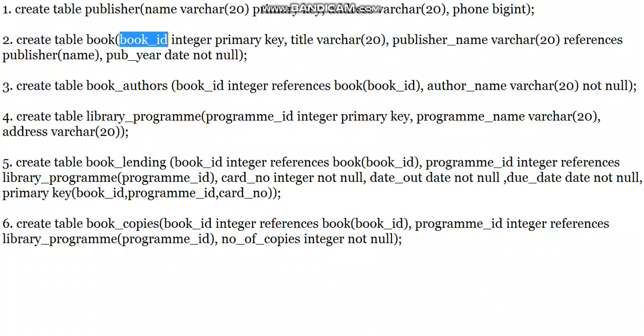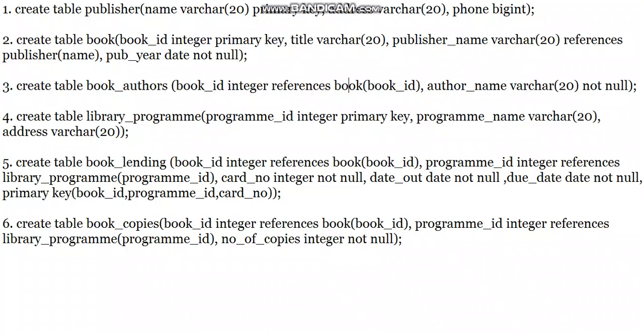If you give the book ID of the book table as 100, the same book ID should be given here. If you change any of the information, the reference is of no use. It is not a dependent value, it is a new value which is not correct, so you cannot use it.